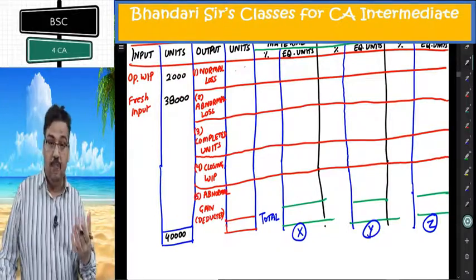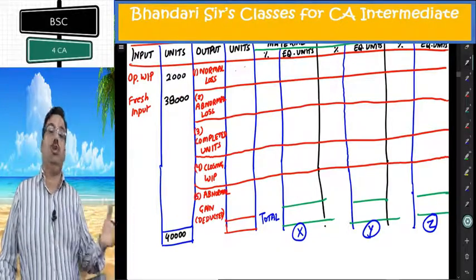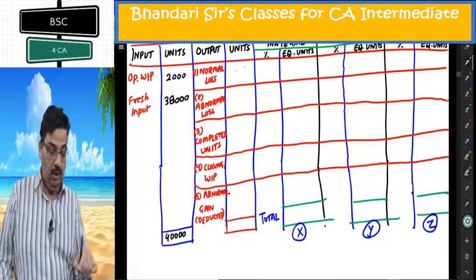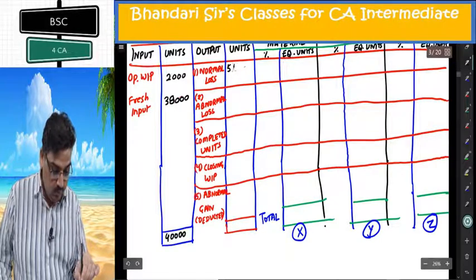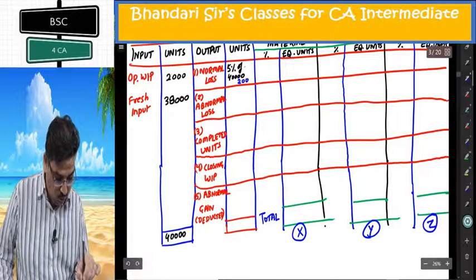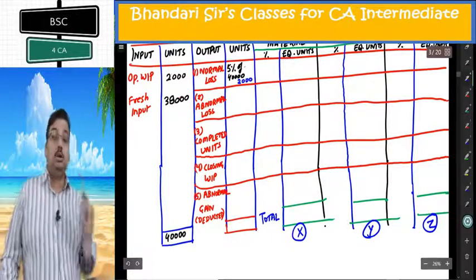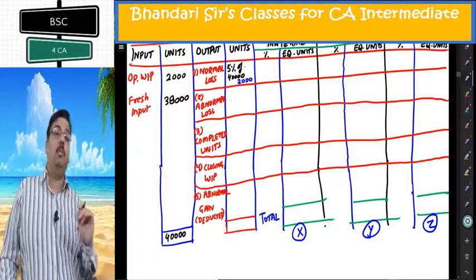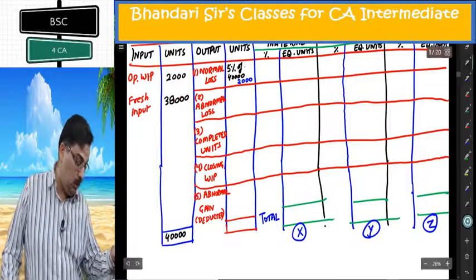Production is opening WIP plus fresh input minus closing WIP. In this question, it is 5% of 40,000. So it is bound to be 2000 units.